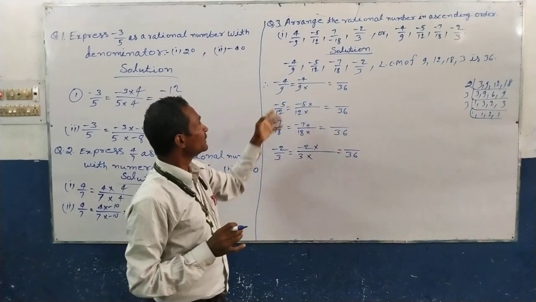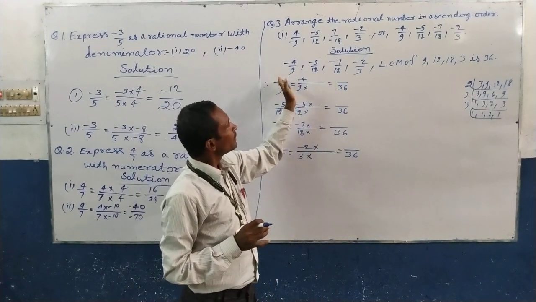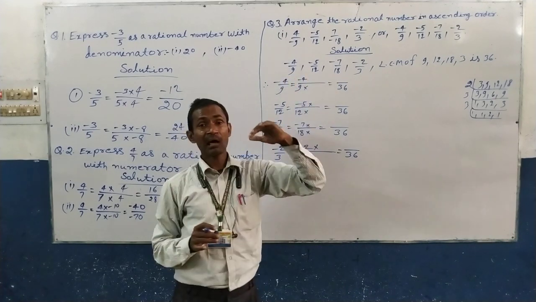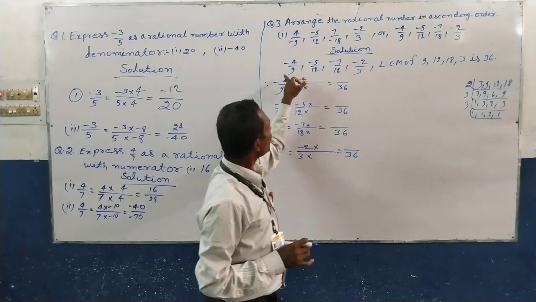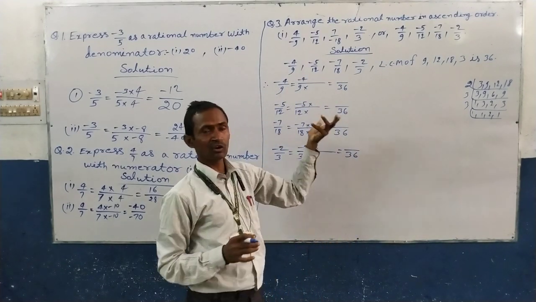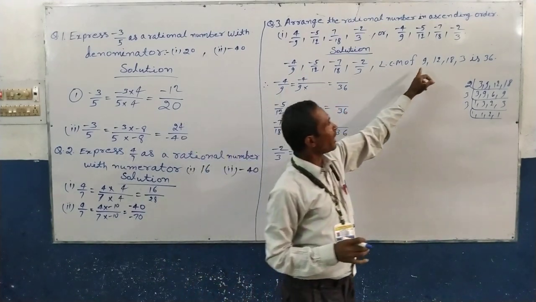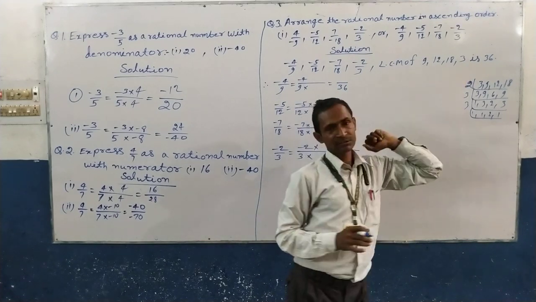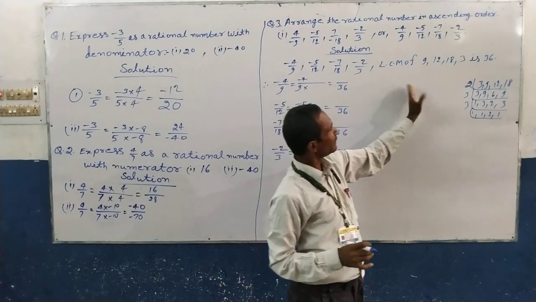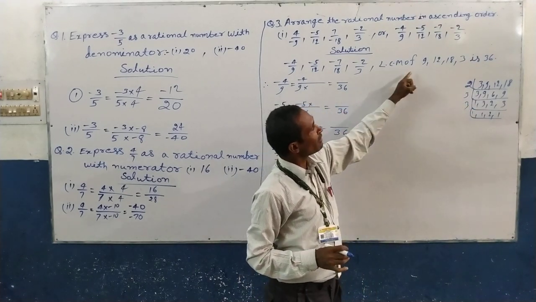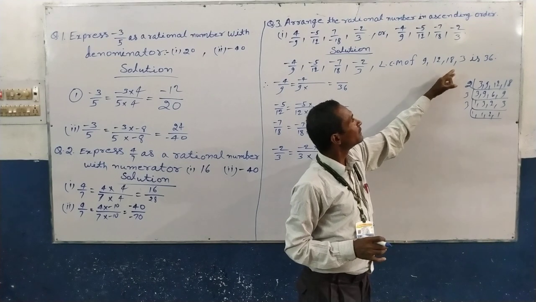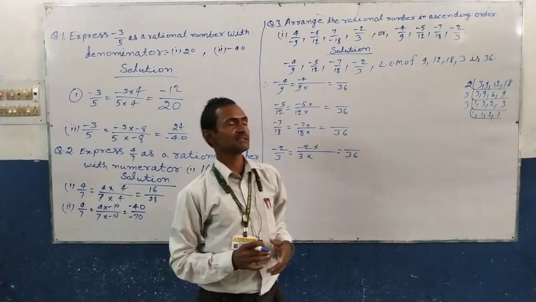How can we find? First we can make them like fractions using the LCM of all the given denominators, just like 9, 12, 18 and 3. We can find the LCM in any way. So the LCM of 9, 12, 18, 3 is 36.